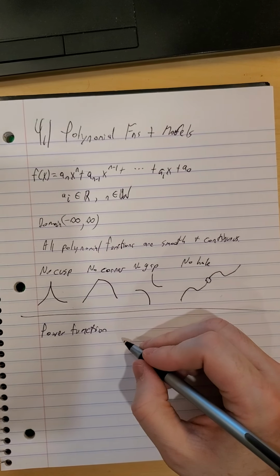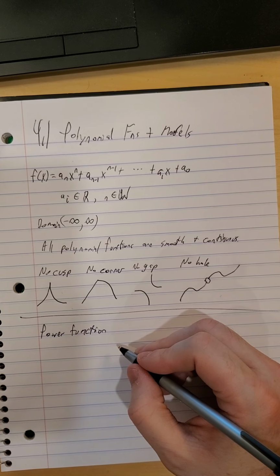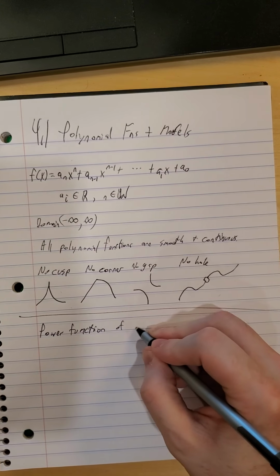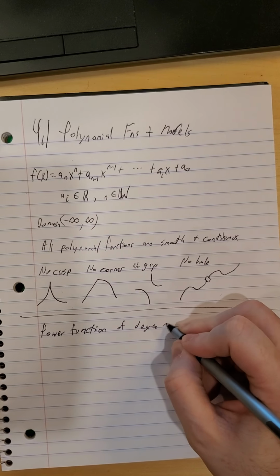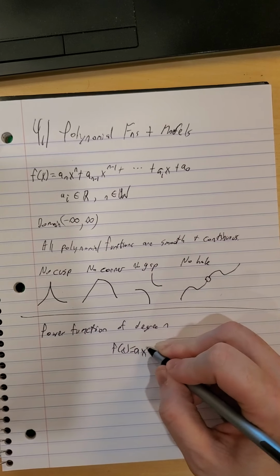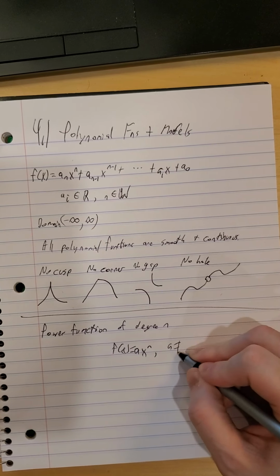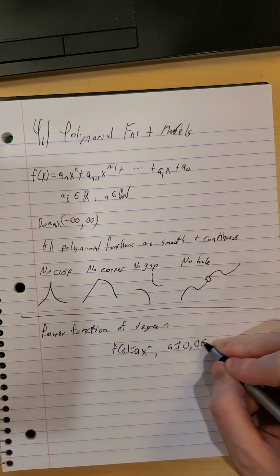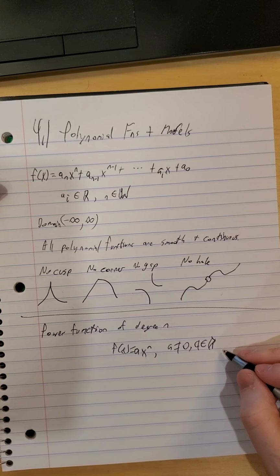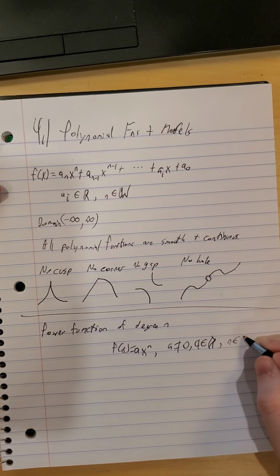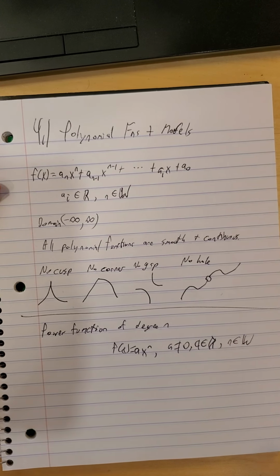If we have something called a power function, basically that means we're looking at a one-term polynomial. So here a is non-zero, also in the set of real numbers, and n, as usual for a polynomial, is in the set of whole numbers.